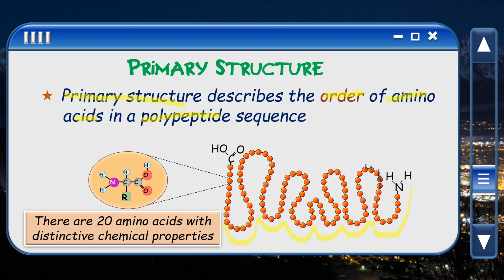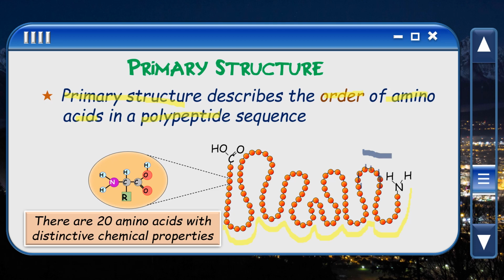Those amino acids are joined together, and when they are joined together, they form a linear structure. That structure is what we call the primary structure. It is a polypeptide, and the primary structure just describes the order of amino acids in a polypeptide.